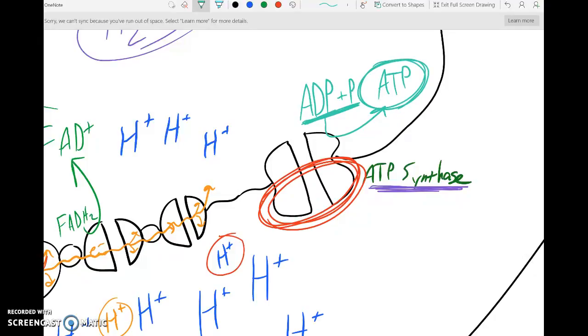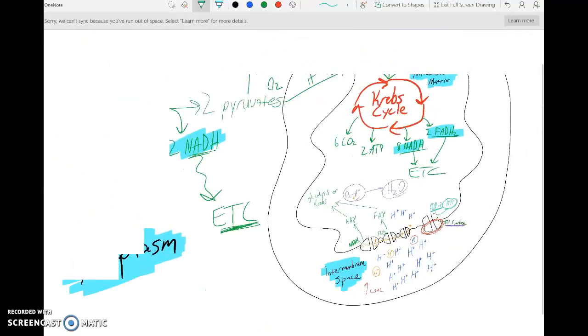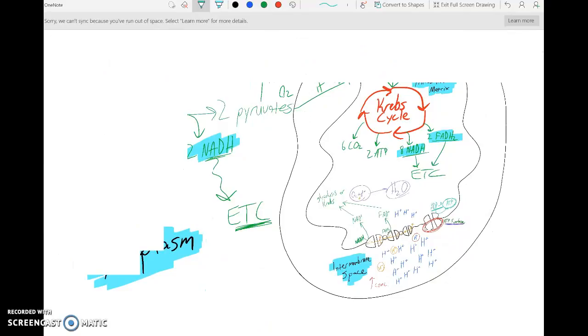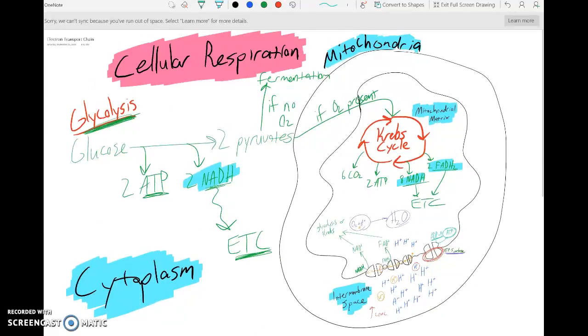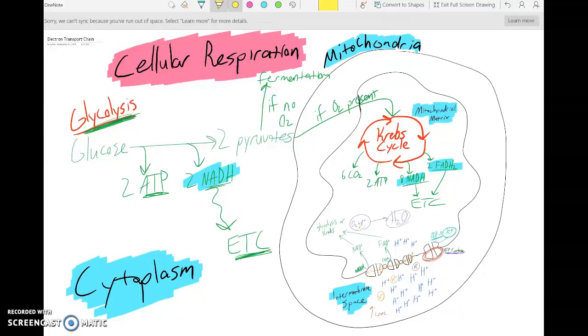And ATP is the reason that we're here, basically. The whole goal of cellular respiration is to produce as much ATP as possible, and ATP synthase is solely responsible for that. And so to put all this in context, the reason that we need glucose: glucose produces these NADHs, which go to the electron transport chain.